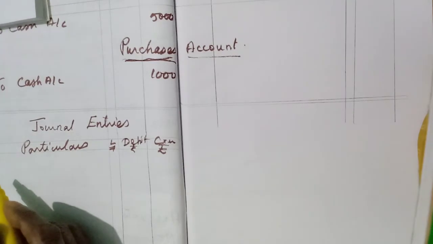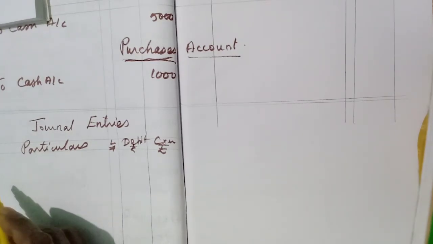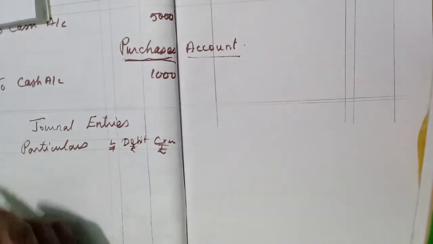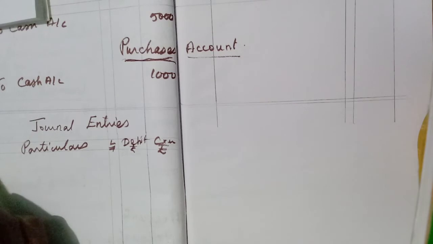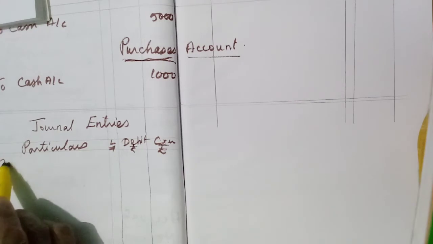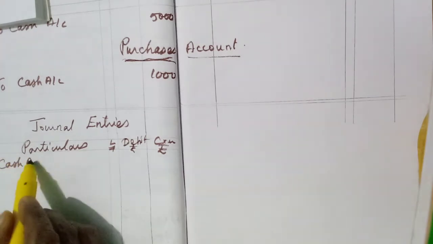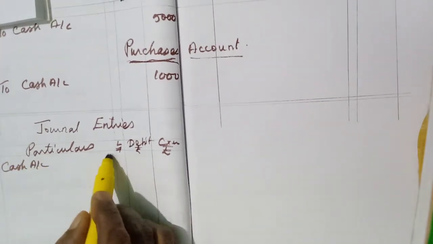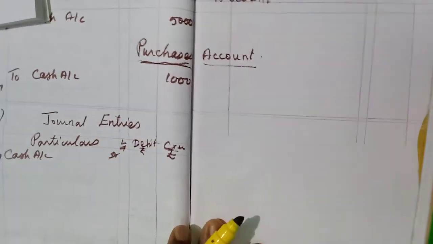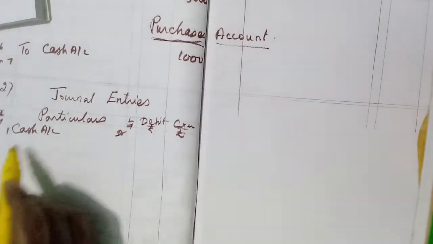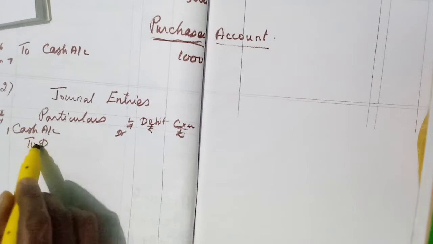First one, Dharma started business with cash. So, we know cash account debtor to Dharma's capital account. Before that, we write the date first. 2017, August 1. Okay. Cash account debtor to Dharma's capital account.